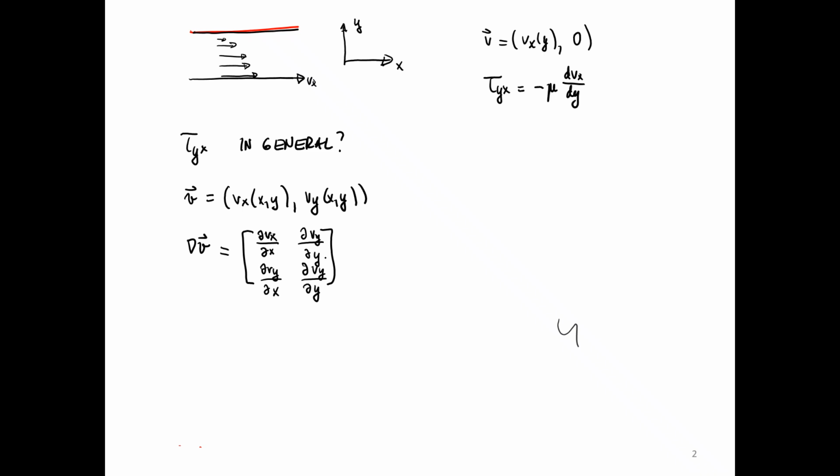What it measures locally, just like a single derivative. A single derivative, if I had a graph of a function, is a slope. If a function depends on one variable, if I take a derivative, it's basically the slope of that graph.